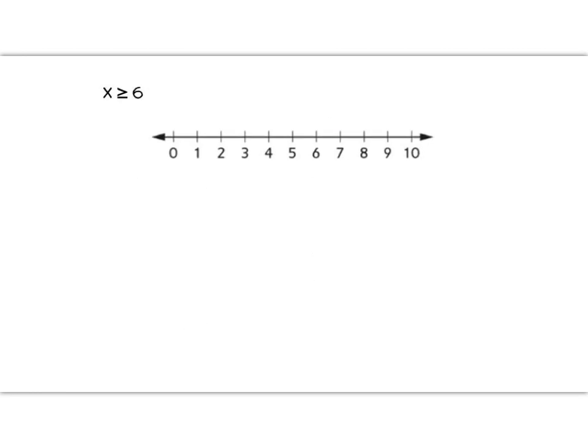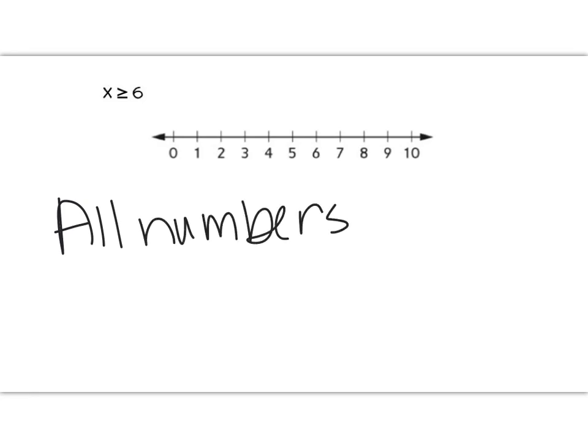How does that change when we're actually looking for more solutions? In this case, this reads x is greater than or equal to 6. So this would be all numbers 6 or more.